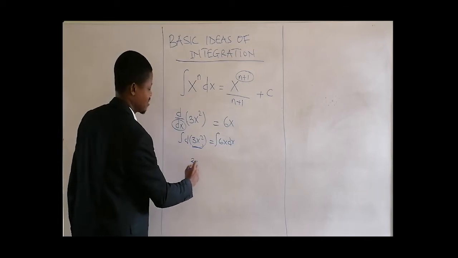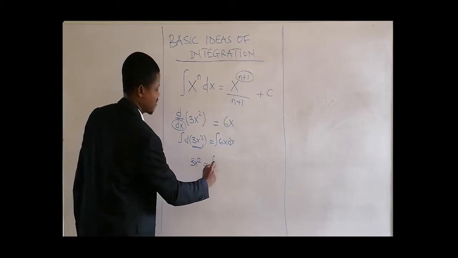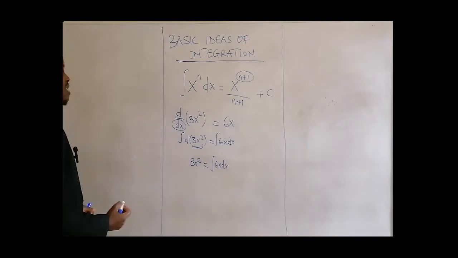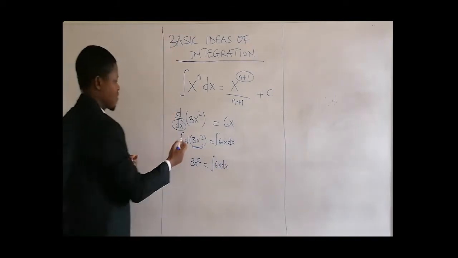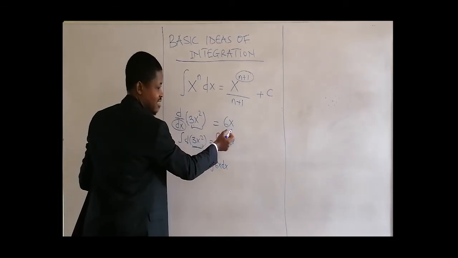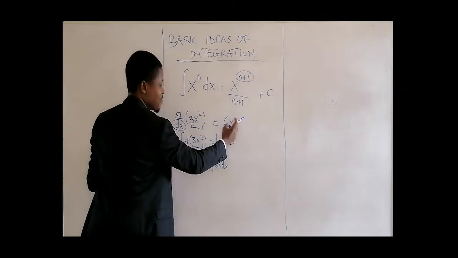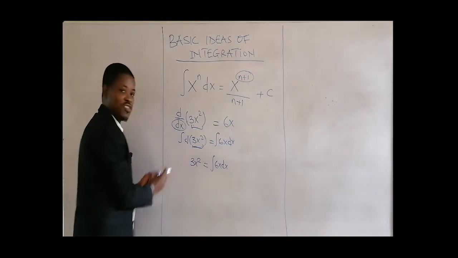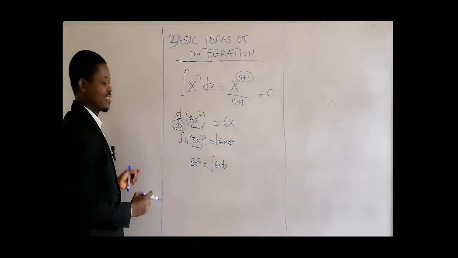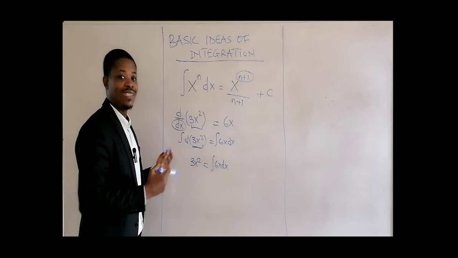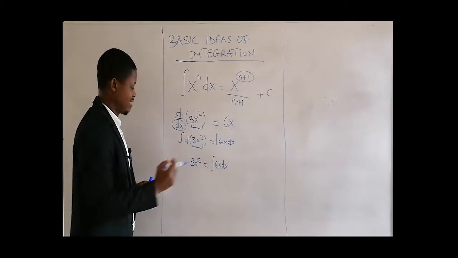So 3x squared equals the integral of 6x dx. Look at where we started from. We said that the differential coefficient of this is this. So when you integrate the other side, it gives you back the function. You can see they are opposite to each other, and that's what we call anti-derivative.